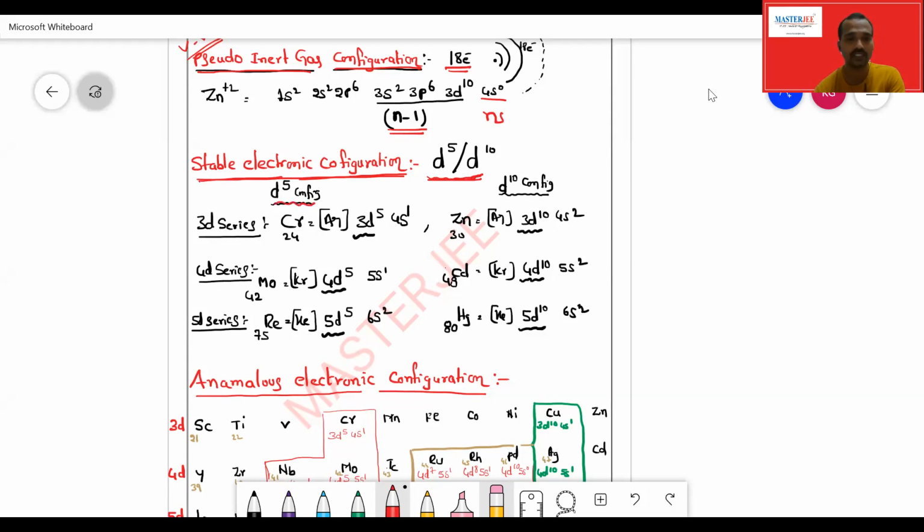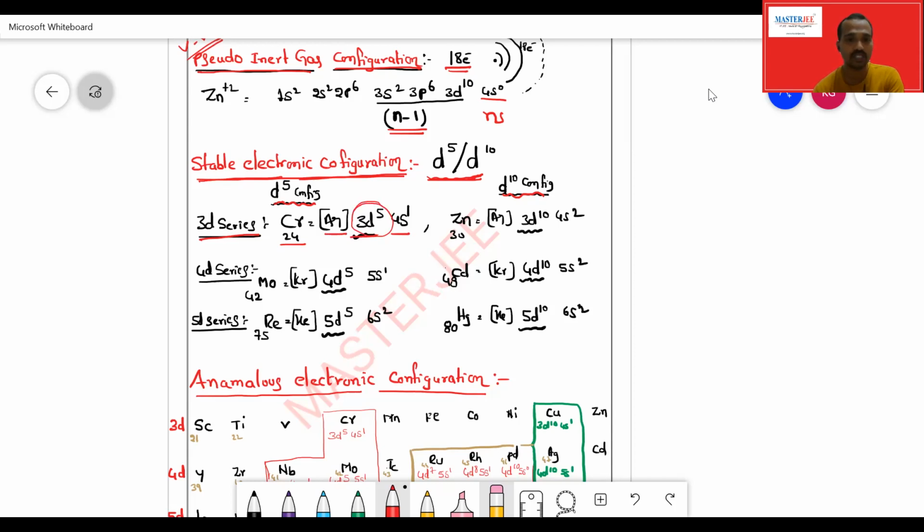For example, see here, the d5 configuration. As examples for d5 and d10 configurations, I gave some examples here. In the 3d series, I took chromium as an example, whose atomic number is 24, argon 3d5, 4s1. Here it has the d5 configuration.